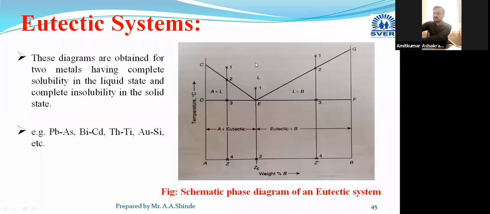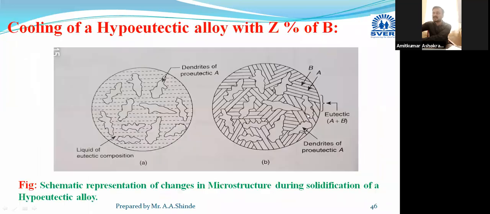I'll repeat it. From 1 to 2, only liquid will be there. In 2 to 3, element A separates out and solidifies, and it is termed as pro-eutectic A, as it separates or forms before the eutectic transformation. In region 2 to 3, pro-eutectic A and liquid are there, and at 3, this remaining liquid will get transformed to the mixture of two solids. It is termed as eutectic.